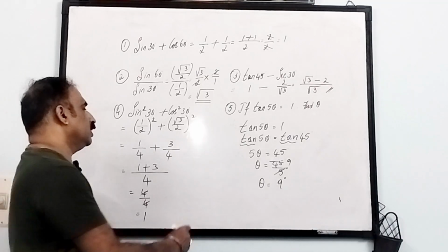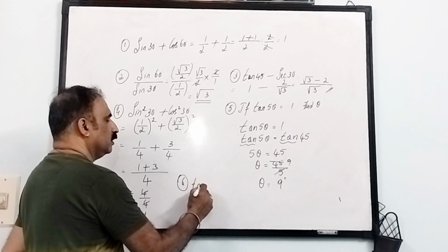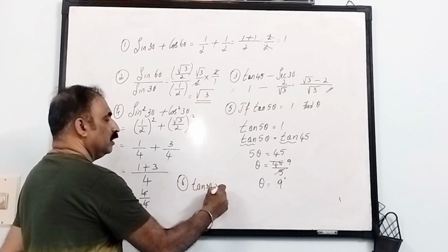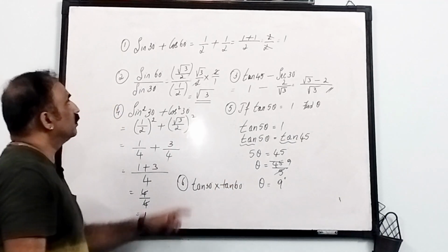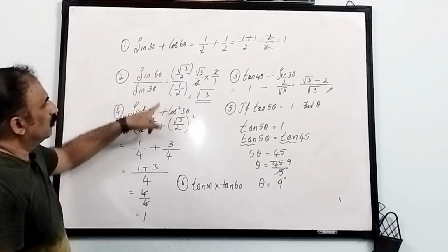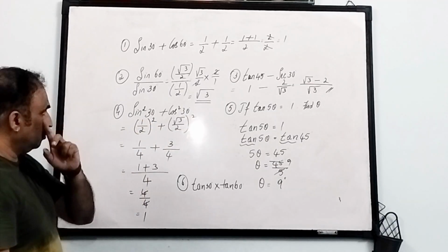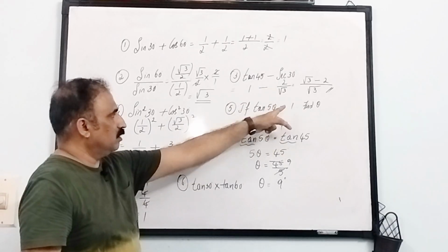Now, for example, if we take up one more problem like tan 30 degrees into tan 60 degrees. Which operation is it? First I look at the plus, addition. This is division. Here it was a subtraction sign, and then we had to find theta.